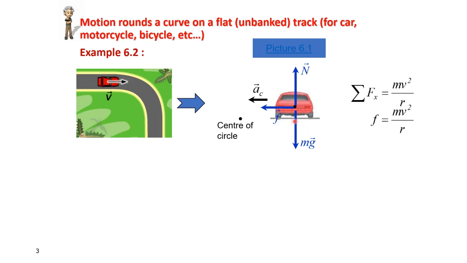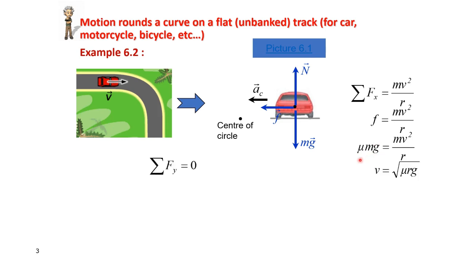So in this situation, only the frictional force equals mv squared over r, which is mu N equals mv squared over r, or mu mg equals mv squared over r, where N equals mg.